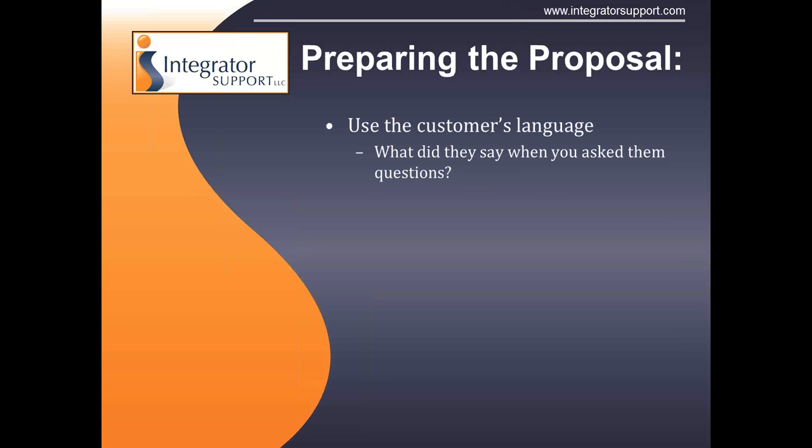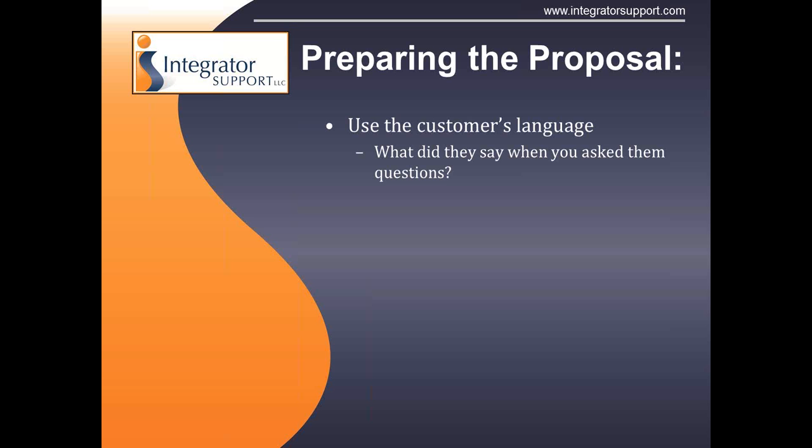So use the customer's language when you're preparing the proposal. This step 3 is preparing your proposal. And when I say use the customer's language, tie it directly back into what they told you. When you went through and interviewed them and asked them, what concerns you the most? What matters the most? If your surveillance could do anything for you, what would you want it to do? What would you want it to see?